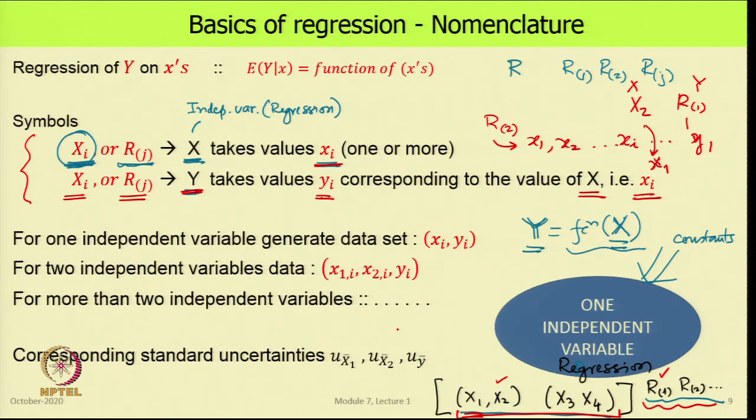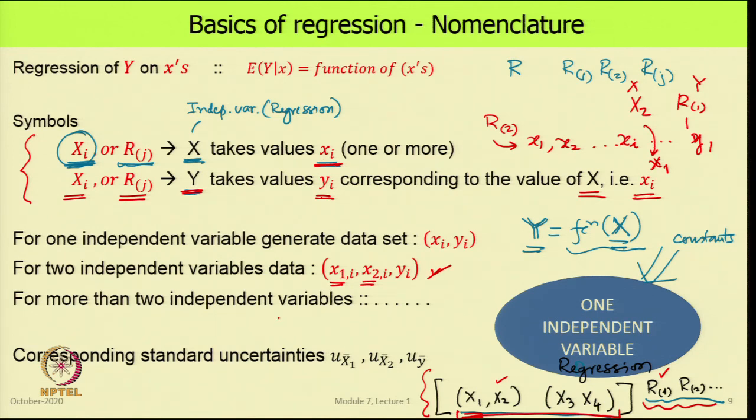If there are two variables in the experiment and we want to make a regression on that, it could be a variable x1, x2, where x1 could be either of these which are listed here, x2 could be any other one from this, and yi could be yet another one from this set. They all must correspond to the same experiment. So, that is an important part.